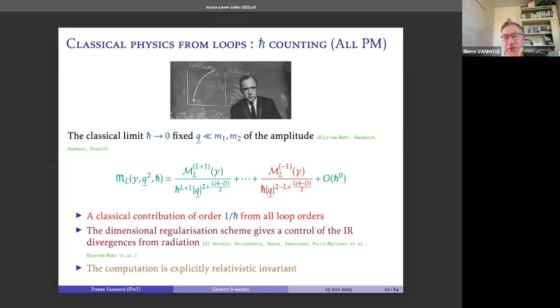okay, so tree level, I showed you this is easy to extract the coefficient. So one loop, it's a little more complicated computation to do, okay, but you can still do it with pen and paper.